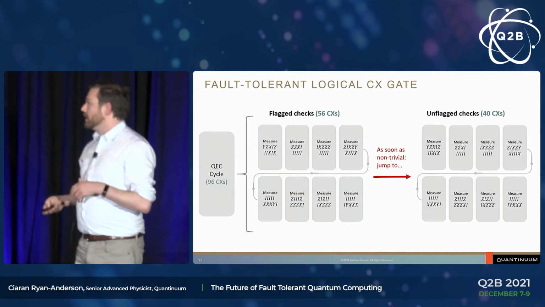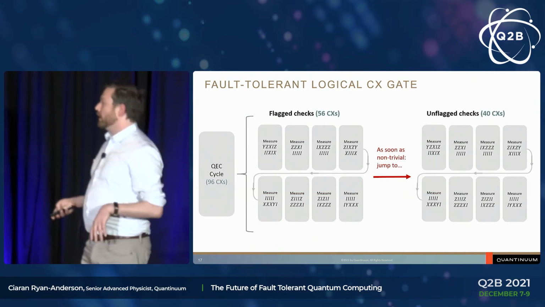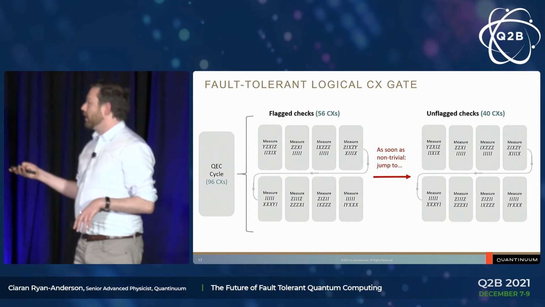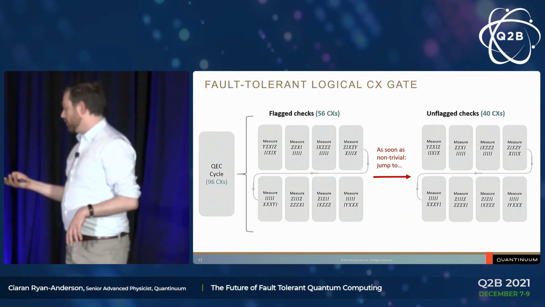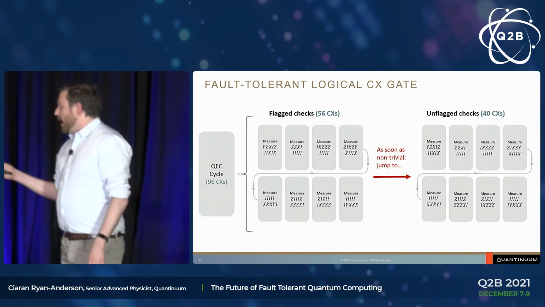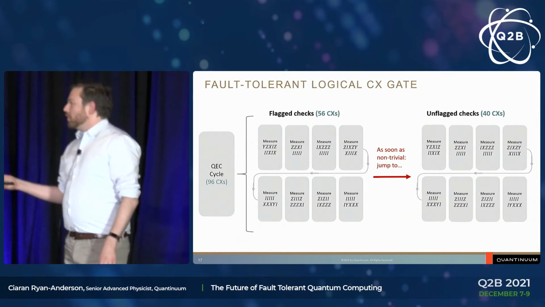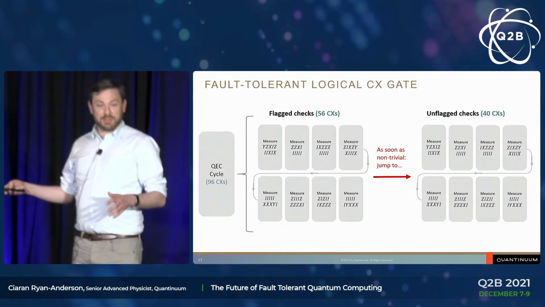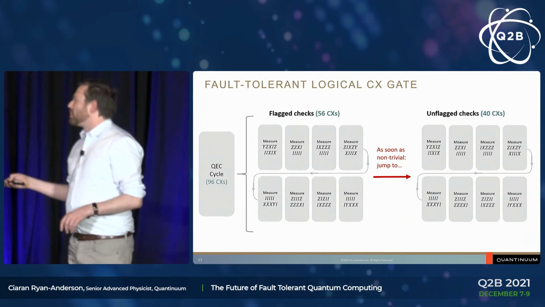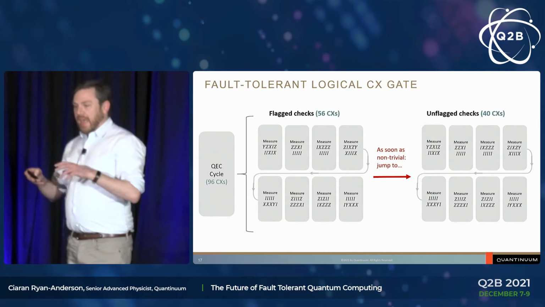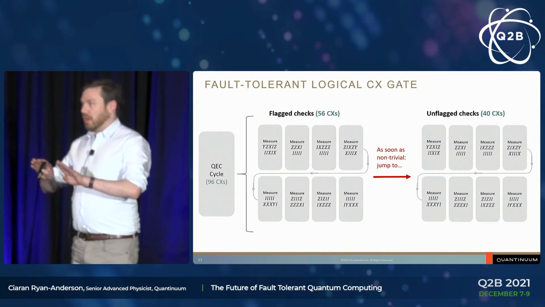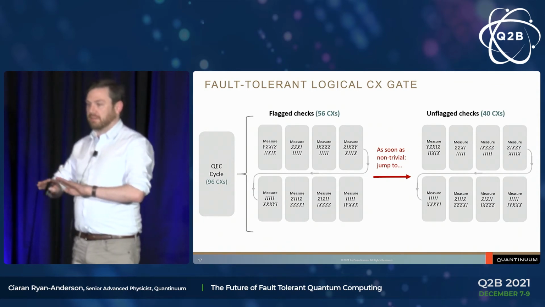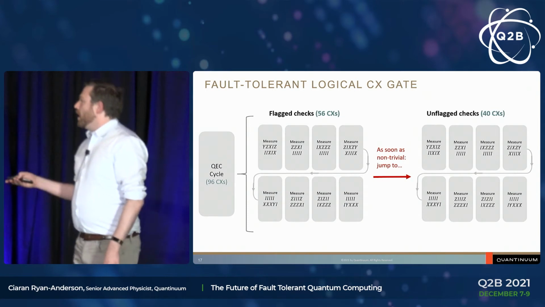So what we did, and this is very high level, is a large QEC cycle across 2 logical qubits, and in total it requires about 100 CNOTs, so it's pretty deep, while the actual logical CNOT gate is only comprised of 9 CNOTs.